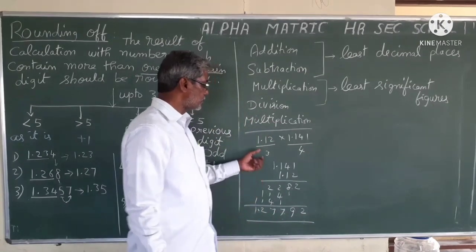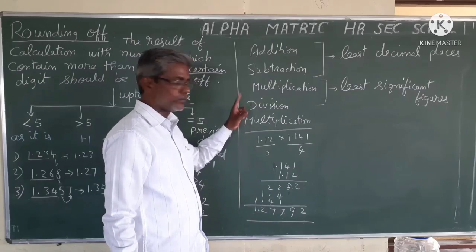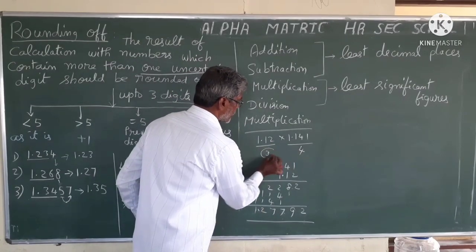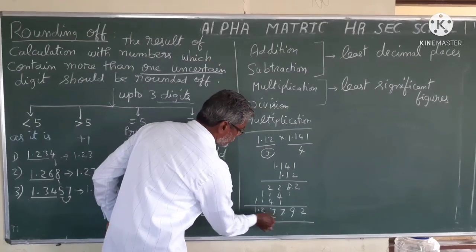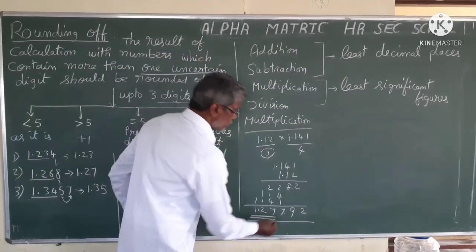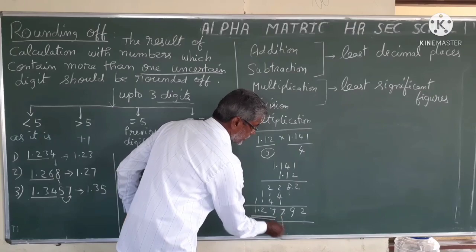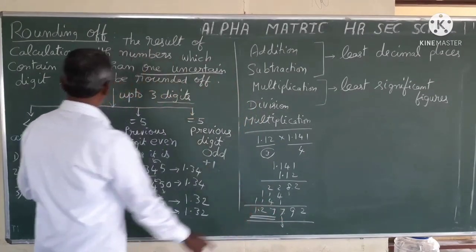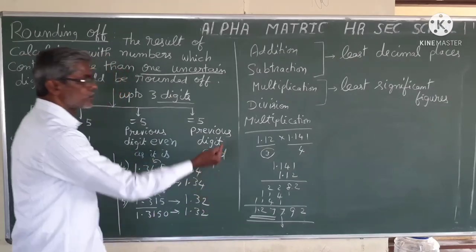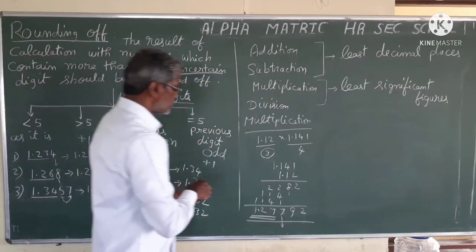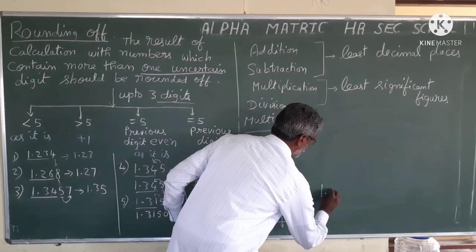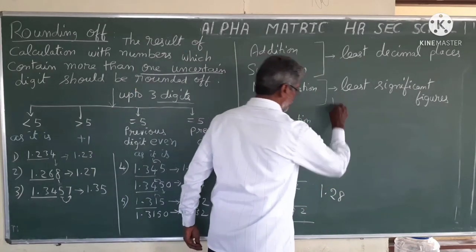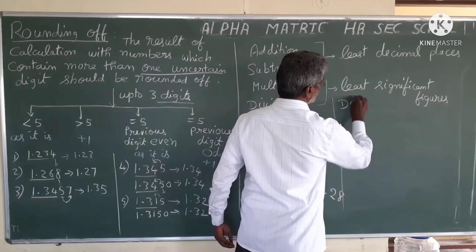Now my thing is rounding off. Here the least significant figure is what? 3. That means up to 3 I should take. This digit should be dropped. If I want to drop this digit, we check the rule here. It is greater than 5. That means I should add 1 to the previous digit. So my answer is 1.28. Clear?